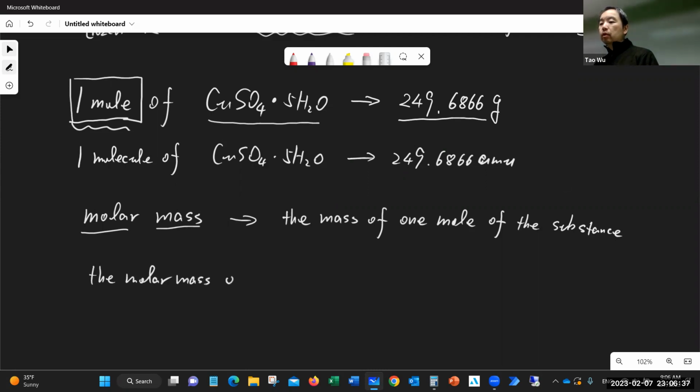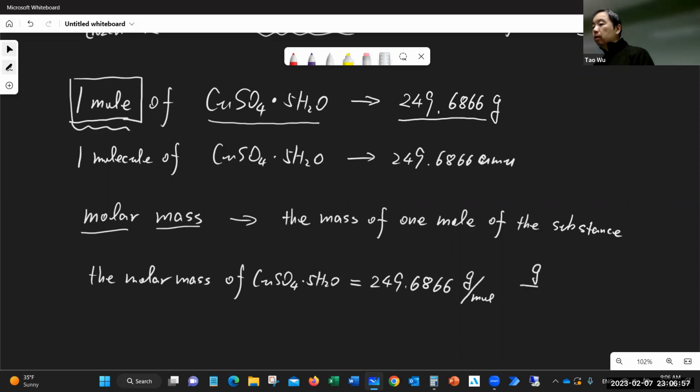The molar mass of copper sulfate pentahydrate is equal to 249.686, and the unit is gram per mole, or you can write gram divided by mole. Generally it's gram per 1 mole. So 1 mole of this substance has this mass.